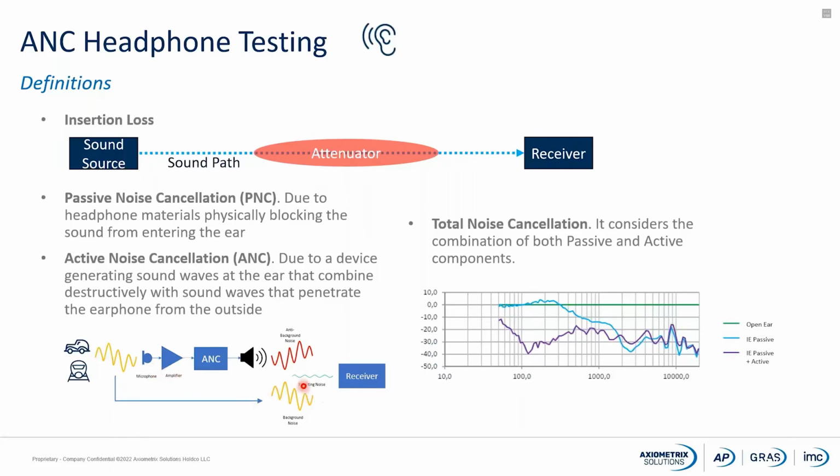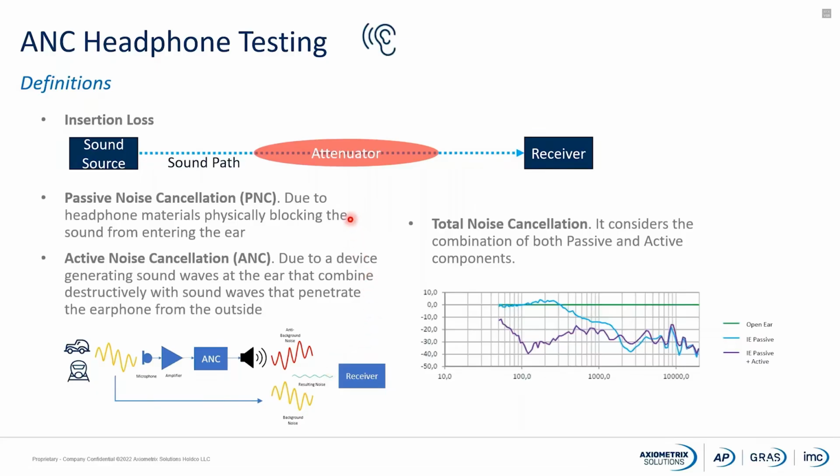So you basically have the sound waves that penetrate the headphone, and then you have the sound waves that are generated by the ANC algorithm inside the ear canal, what we call the anti-background noise, and these combine destructively, resulting in a lower sound pressure level inside the ear canal of the person wearing the headphone.